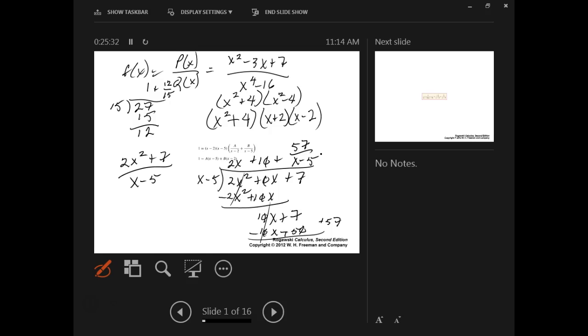And then you can integrate that. That would be plus 57 times the log of x minus 5. Look at that. Pretty easy, huh? So that's what you do if your rational function is improper. Divide first, and then integrate whatever you have after the division.